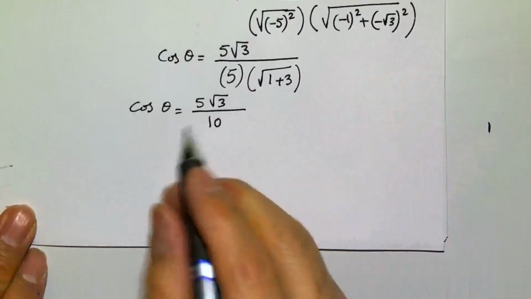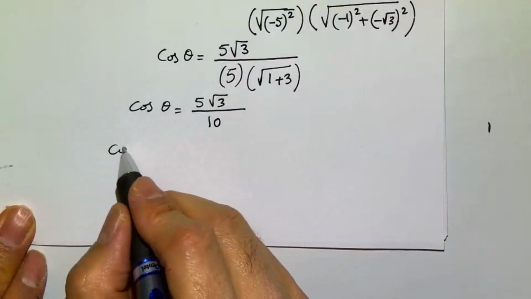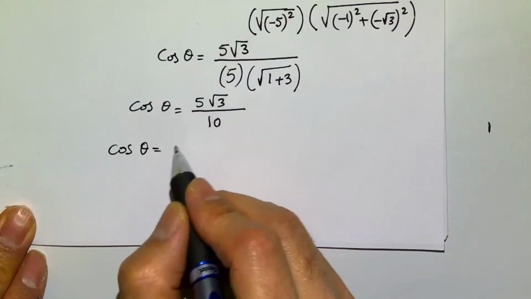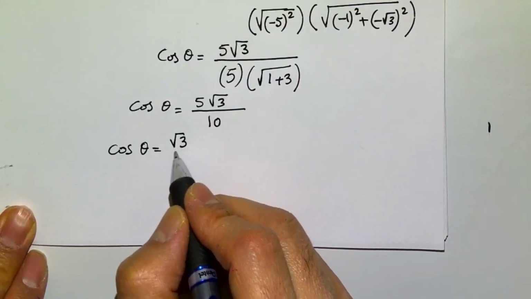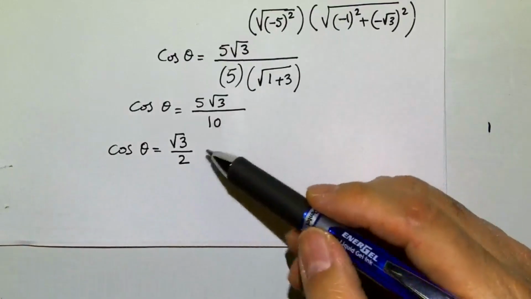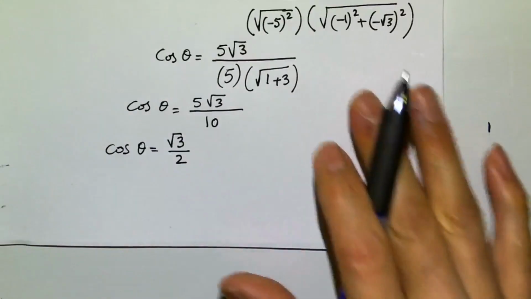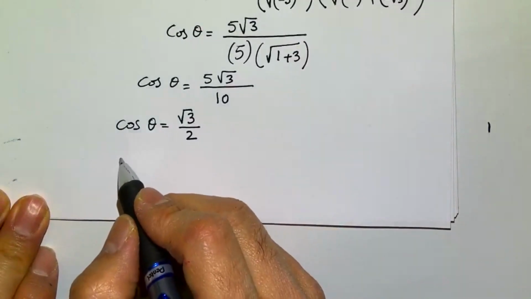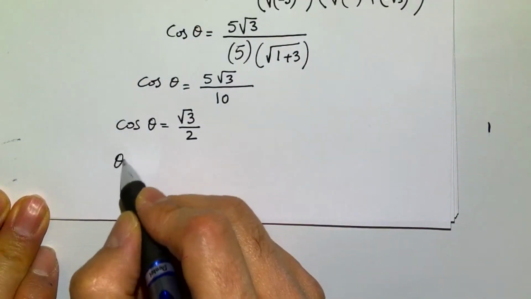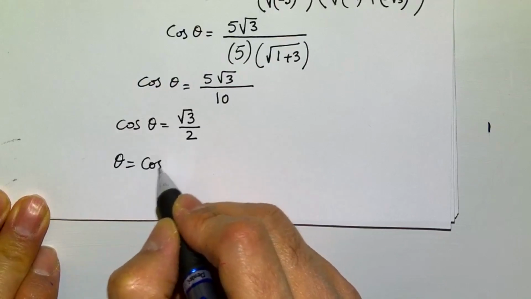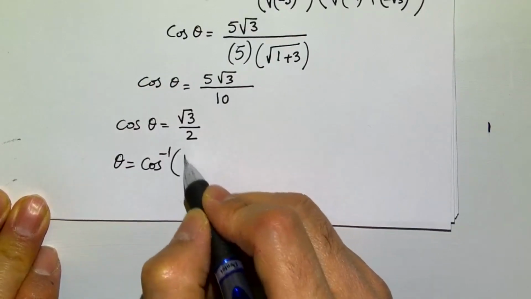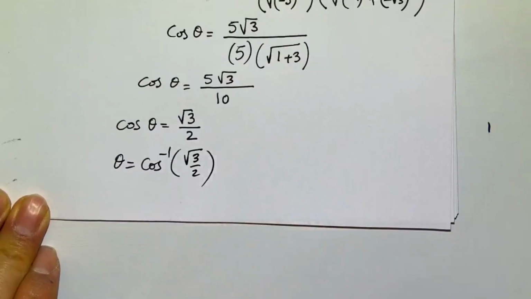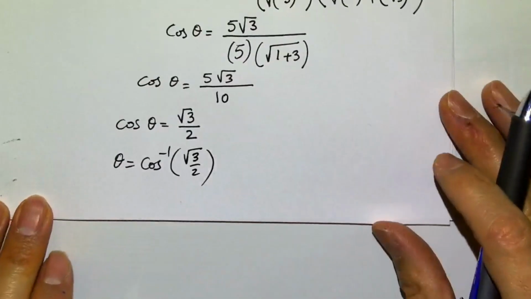And then, of course, we can simplify this and write cosine of theta is equal to square root of 3 over 2. Now, if you want, you can calculate it. You can say theta is equal to inverse cosine of square root of 3 over 2, right? You could do that.